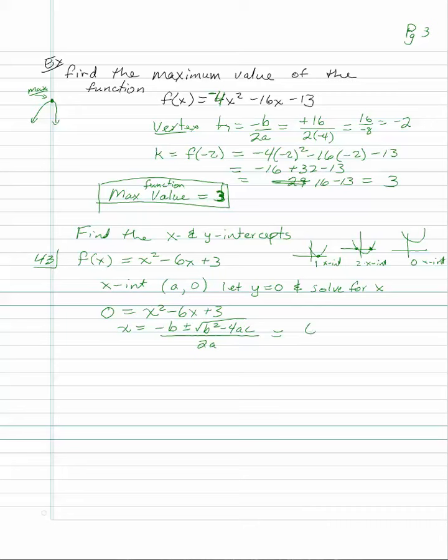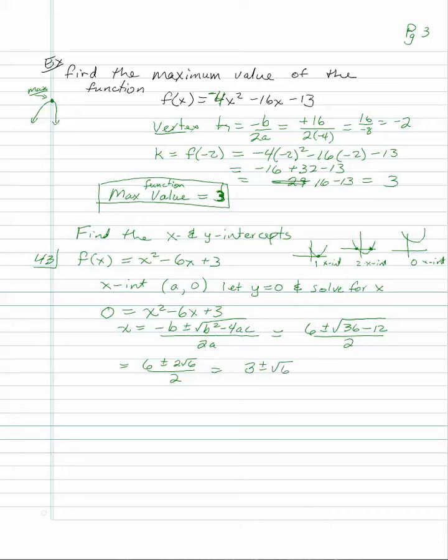So that would be 6 plus or minus square root of 36 minus 12, all over 2, which would get us 6 plus or minus square root of 24, which simplifies to 2 square root of 6. And then I'm going to factor 2 out and cancel it with 2 on the bottom, so it'll be 3 plus or minus square root of 6.